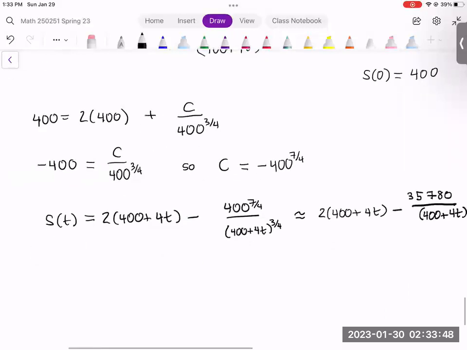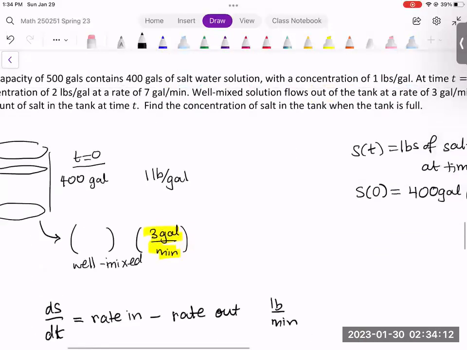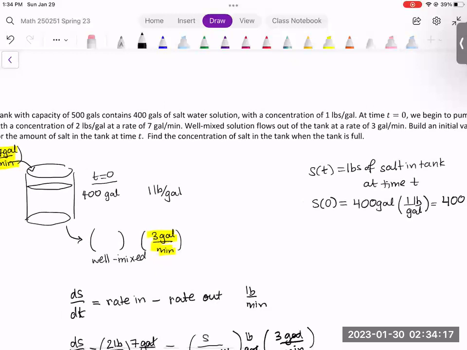Alrighty. Okay, now our question was, what should our concentration be when our tank fills up? So let's first figure out, when does our tank fill up? Let's go back to our problem. We had a 500-gallon tank. We started with 400 gallons.